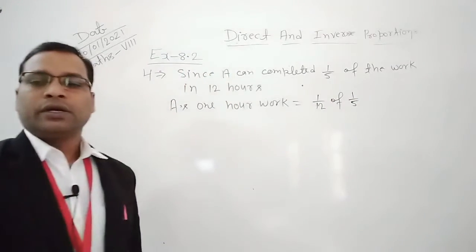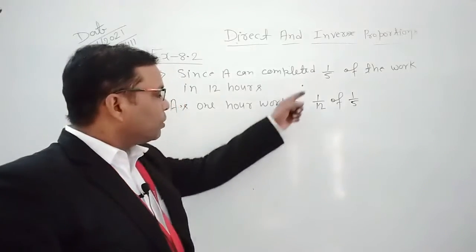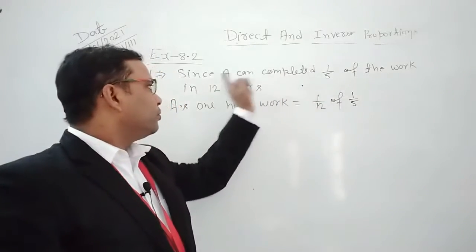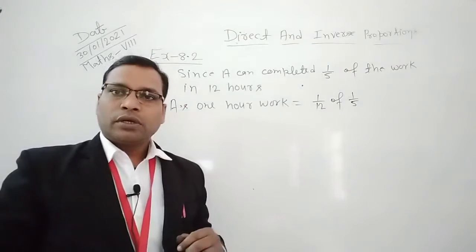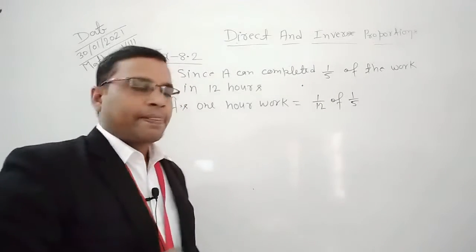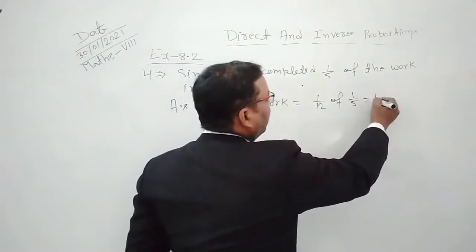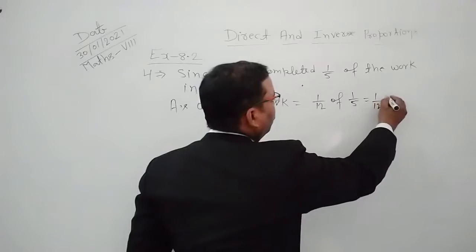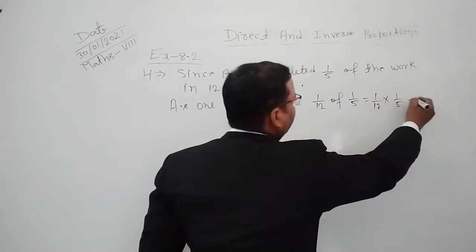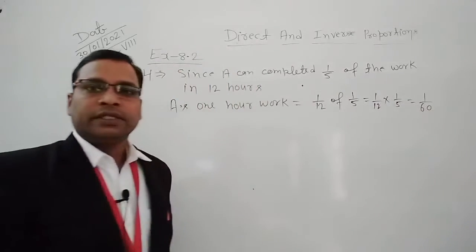Because 1 by 5 part A completes in 12 hours, so in 1 hour, how much of the same work does A complete? So you can say 1 by 12 into 1 by 5. This is equal to what? 1 by 60. This is clear?